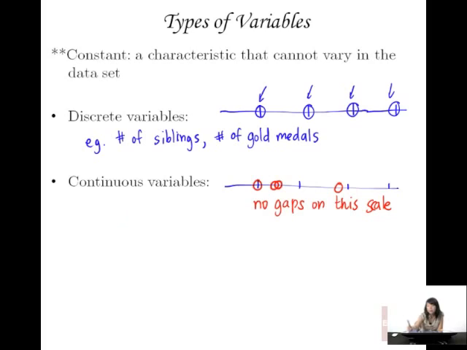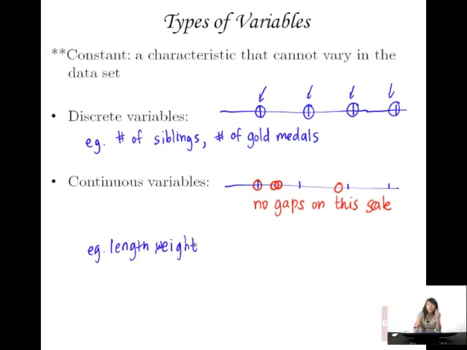Examples of continuous variables are things like length and weight. These are values that could be any number. So it doesn't have to be 100 or 101.